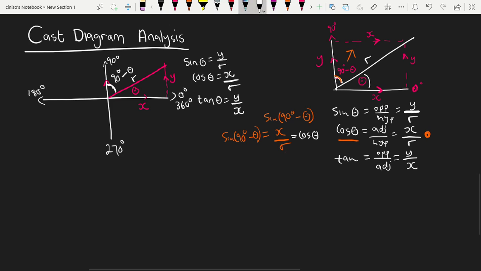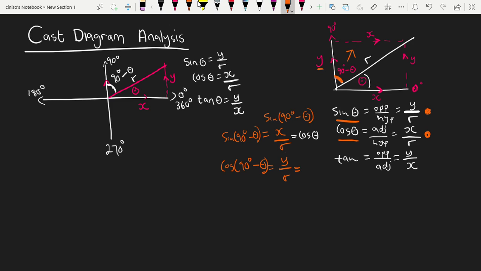And then we go for cos of 90 degrees minus theta equals to, so if you check here, this is your cos of 90 degrees minus theta, right? What's your adjacent side? Your adjacent side is this one, y, right? So it's going to be equal to y over, what's the hypotenuse? r. And then you go back to your simple stuff here. What's y over r? It's sine theta.